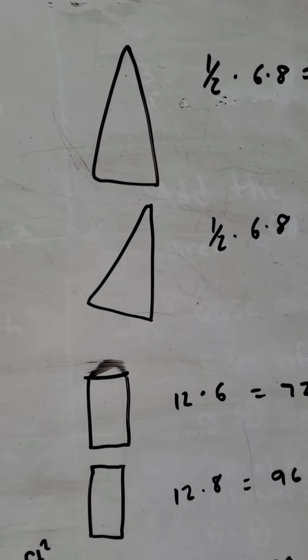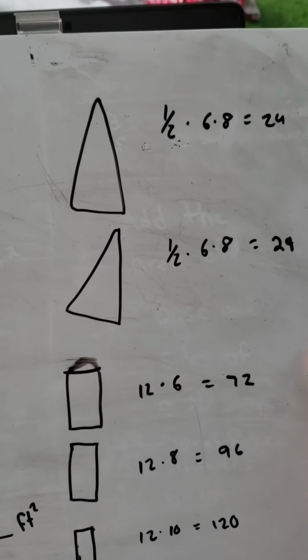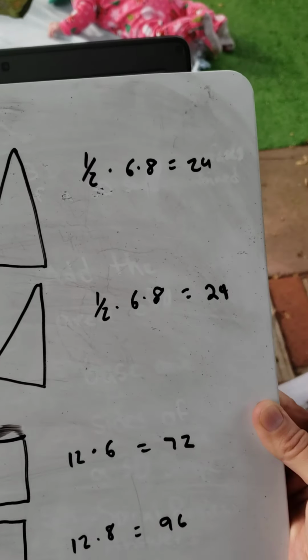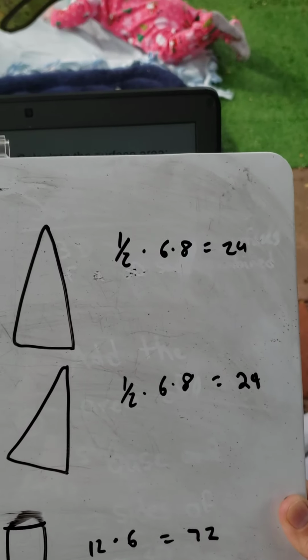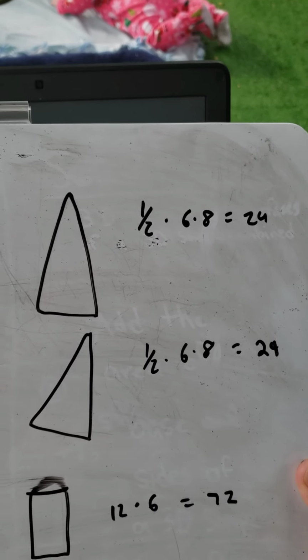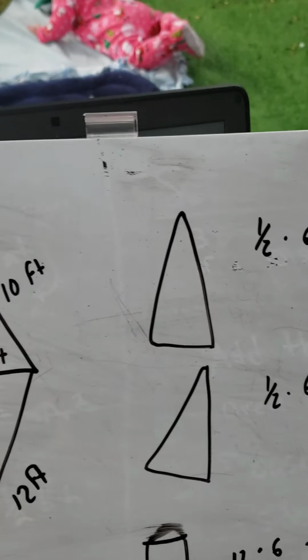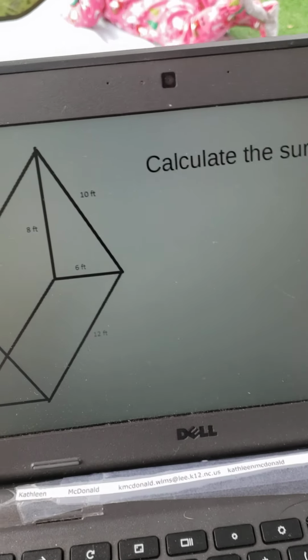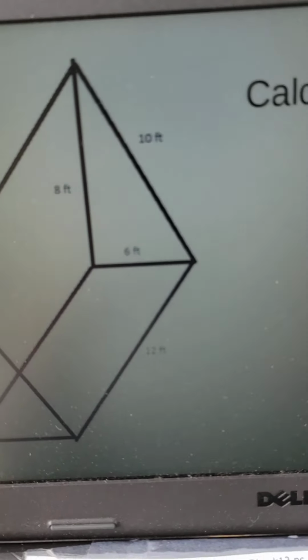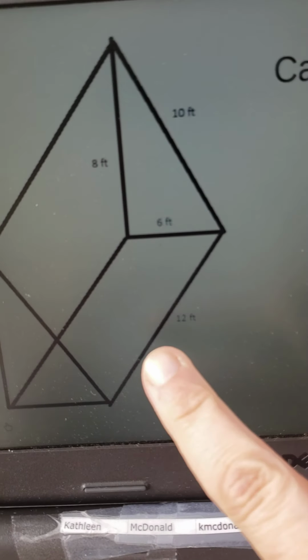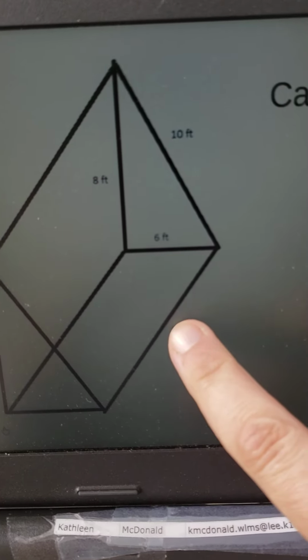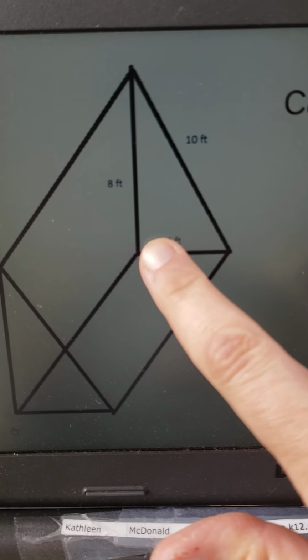So I just separated all the shapes. We have 3 rectangles and 2 triangles. The triangles are the same. So each one of those we have 1/2 times 6 times 8, which gives us 24 for each of those. Then the rectangles in the shape are all different. This kind of tricked me when I first looked at it. So this one here, we have 12 by 6.